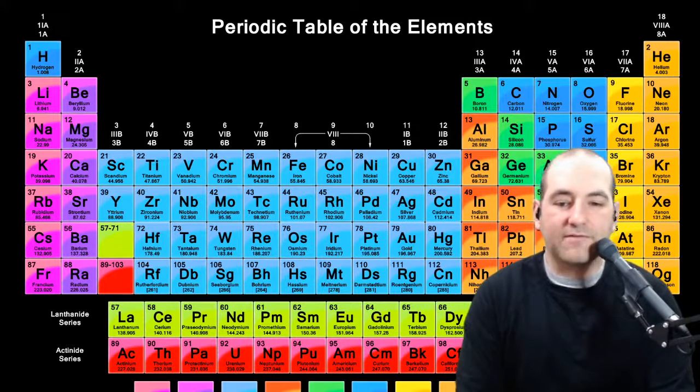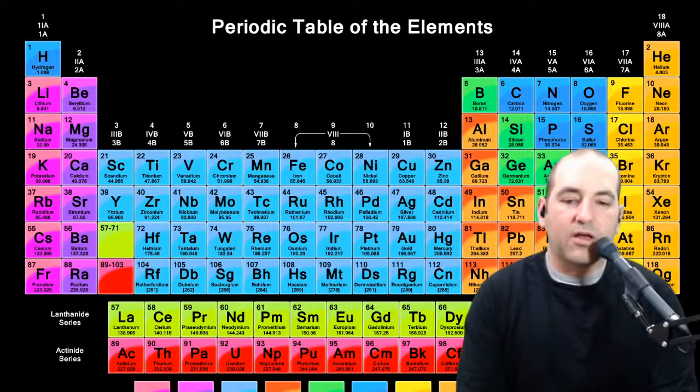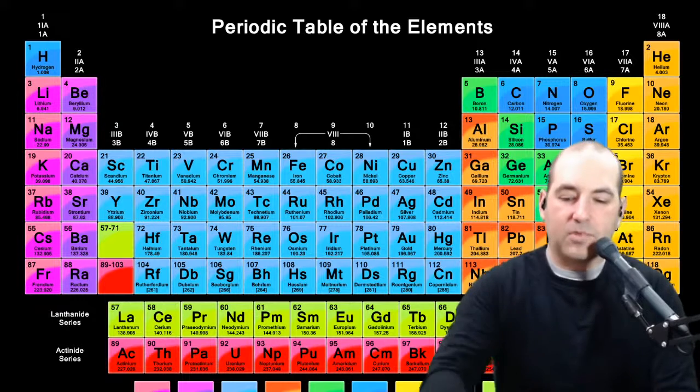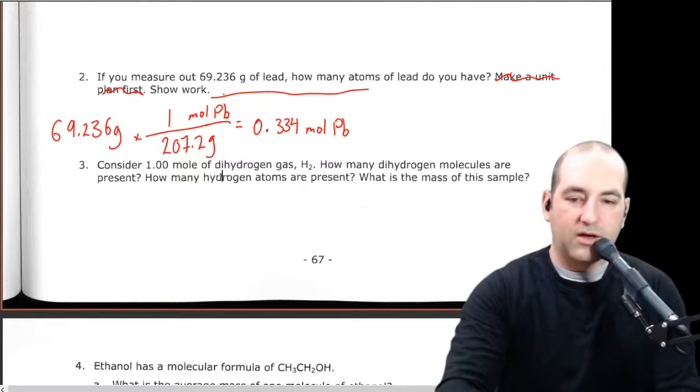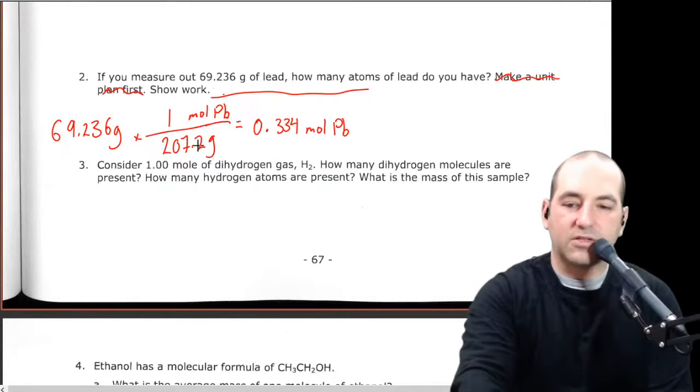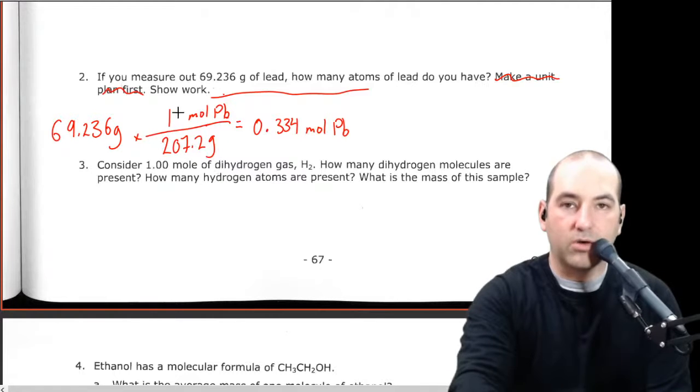And so now if we want to take that final step to how many atoms of lead we have, we would multiply that. Okay, so 207.2 grams of lead goes here. So we divide by that average atomic mass, which is grams per 1 mole.